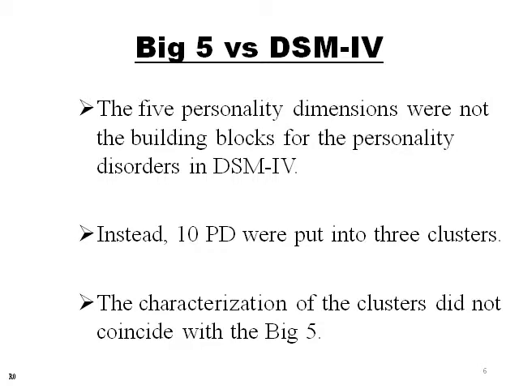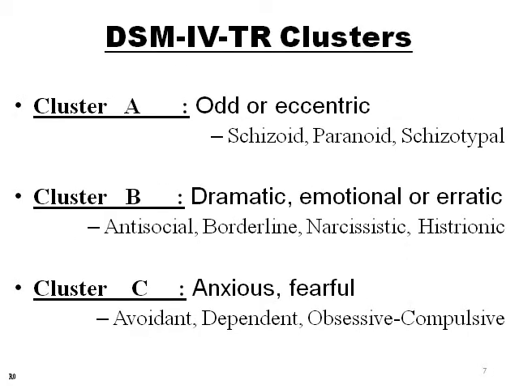Instead, as you'll recall, in DSM-IV, there were 10 personality disorders, and they were put into 3 different clusters, and the characterization of the clusters did not coincide with the Big 5. If you recall, there was Cluster A, which was odd or eccentric, Cluster B, dramatic, emotional, or erratic, and Cluster C, anxious and fearful. And you'll notice that those labels don't seem to overlap with the Big 5 in Ocean.